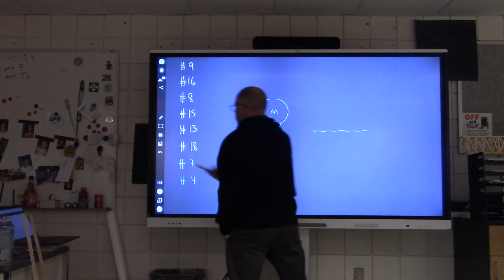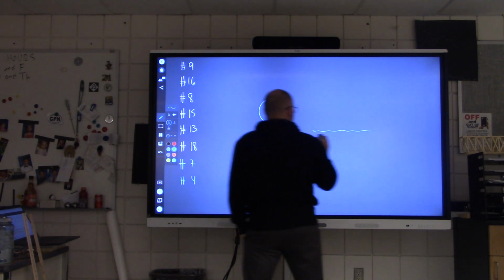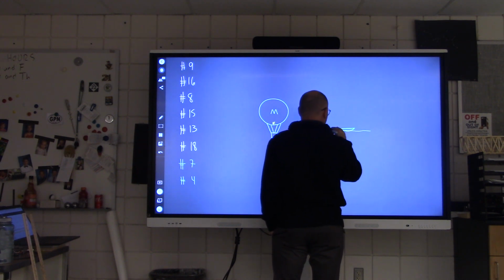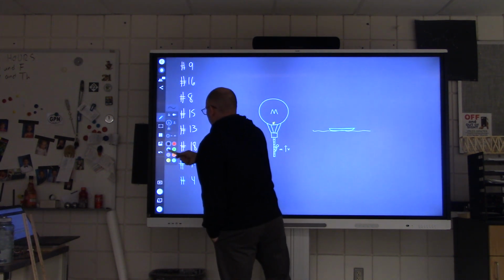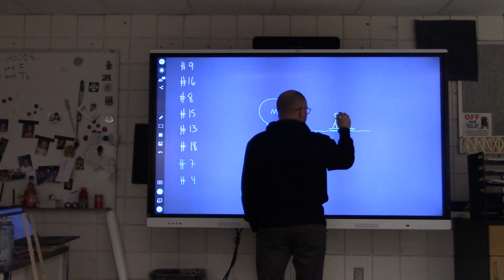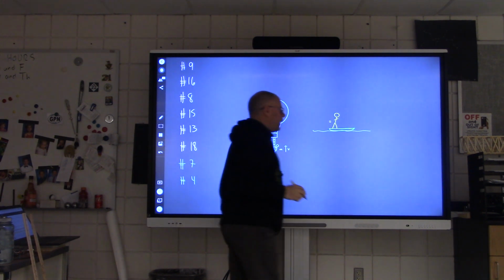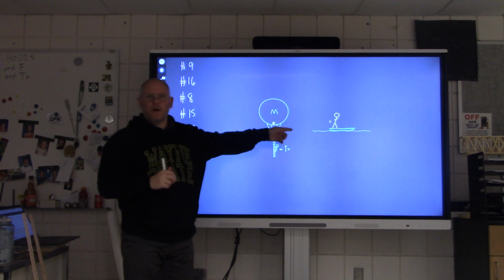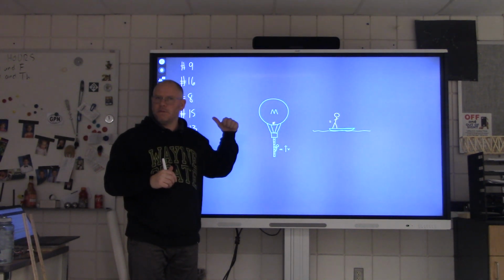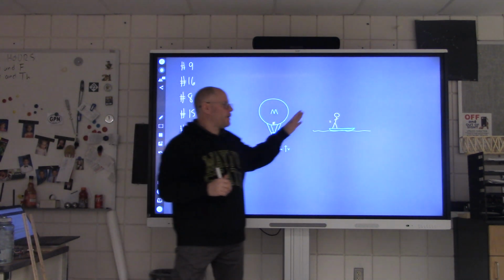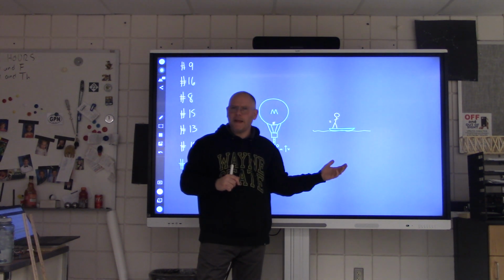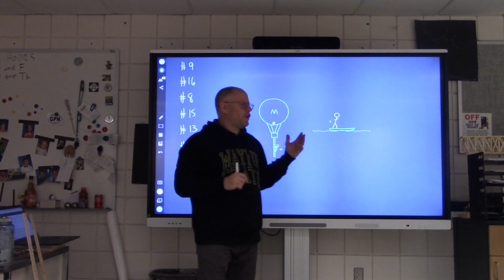Here's the water, and you're on a surfboard. If you start walking forward, what's going to happen to the surfboard? It's going to go backward relative to the water, true? It's also going to go backward relative to you. But what happens to the center of mass of you and the surfboard? It just stays the same. Does that make some sense?